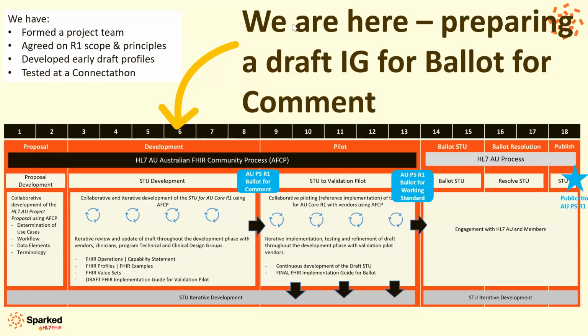And then we go through more of a refinement focus. At the moment, that's called Steward Validation Pilot. What that's about is taking the wider community feedback, that sense checking on where we are and where we're going, feedback through a whole bunch of testing events, before we essentially propose a working standard for Australia. And that's what the ballot is.